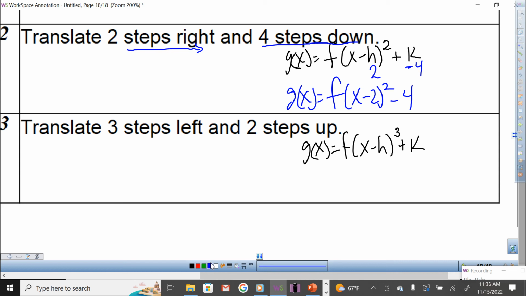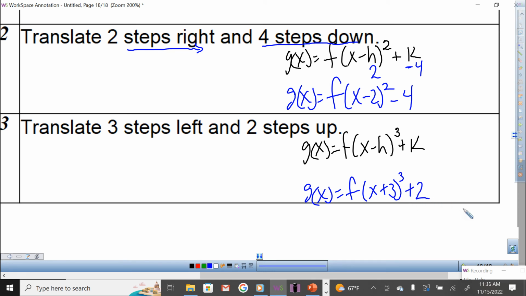Joel. G of x plus 3 cubed. What else? Plus 2.